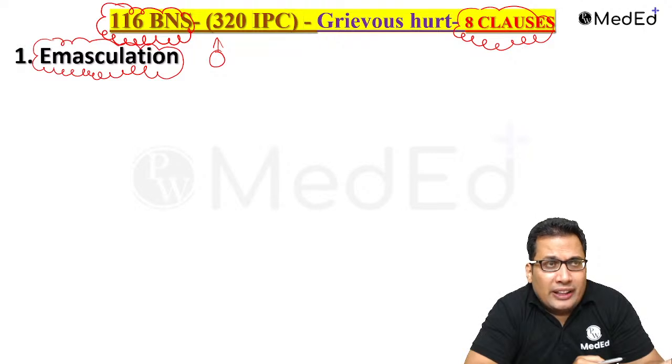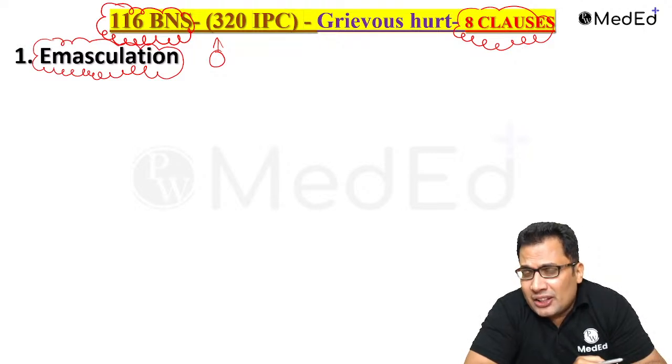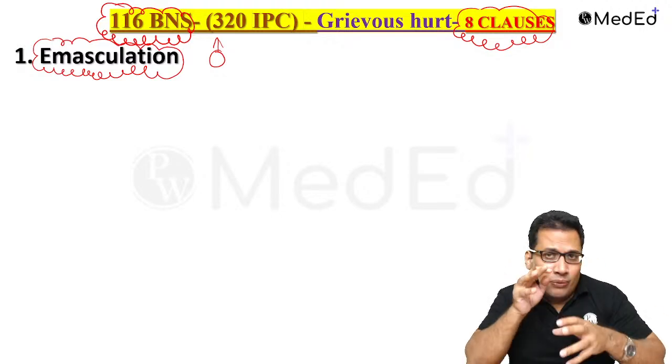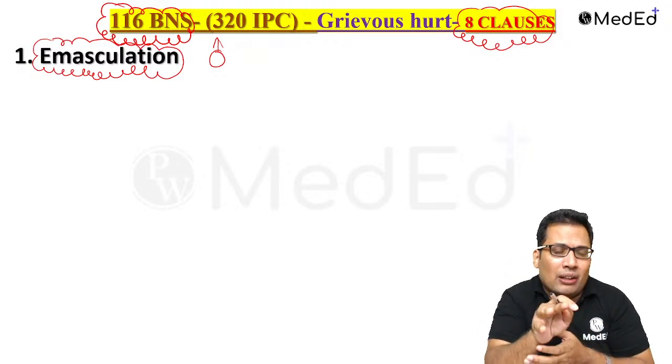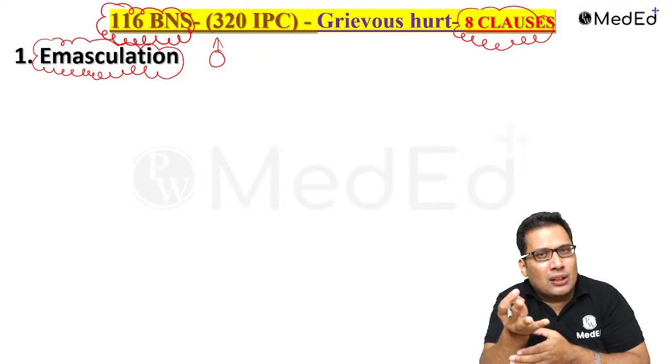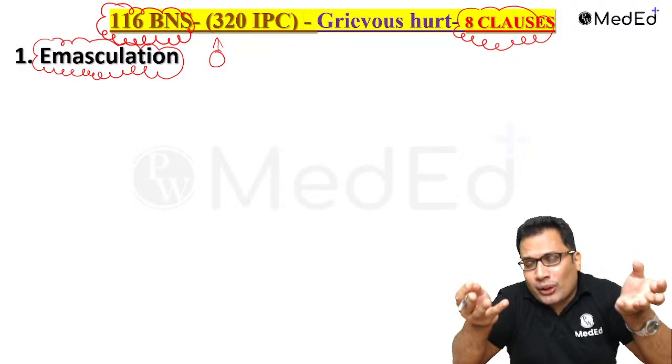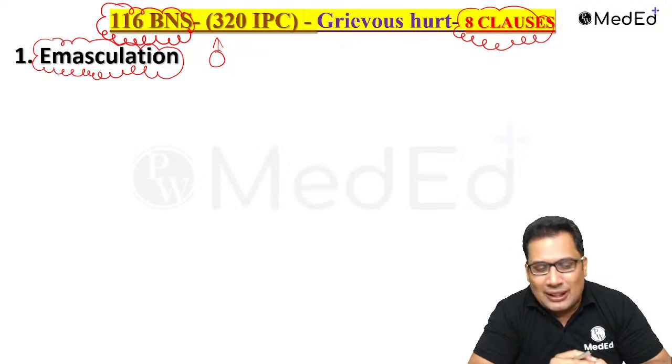As you know, erection is because of the parasympathetic system, and ejaculation is because of the sympathetic. So when there is damage to the lumbar vertebra because of trauma or assault, and the person becomes impotent, that can be emasculation.